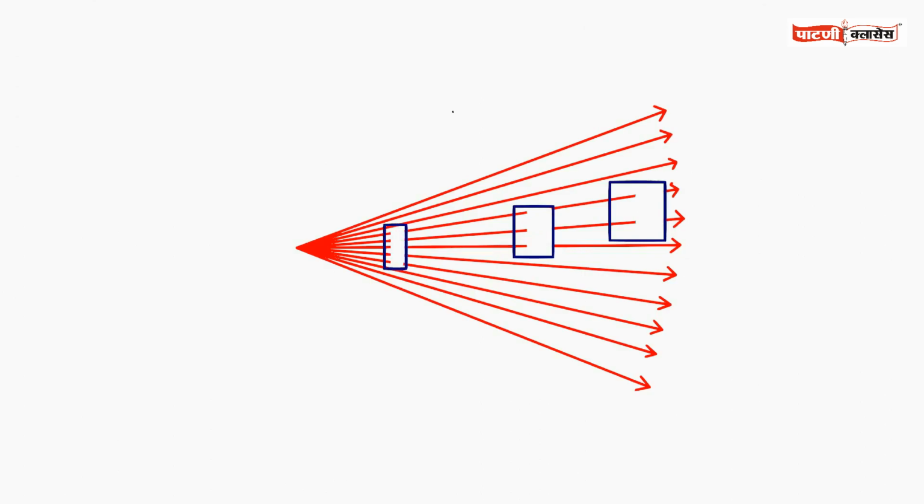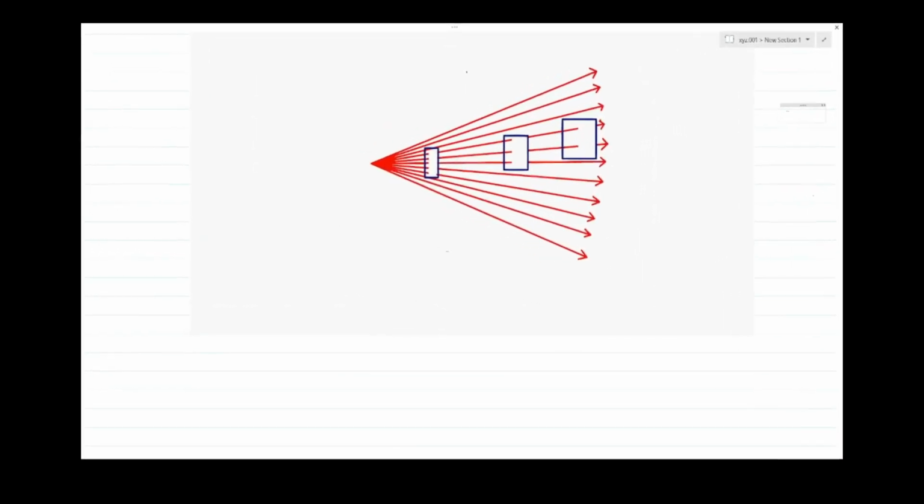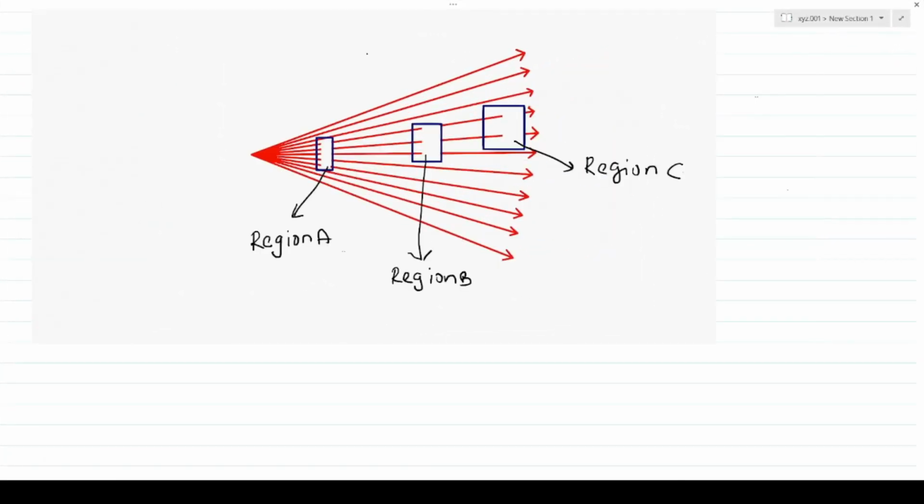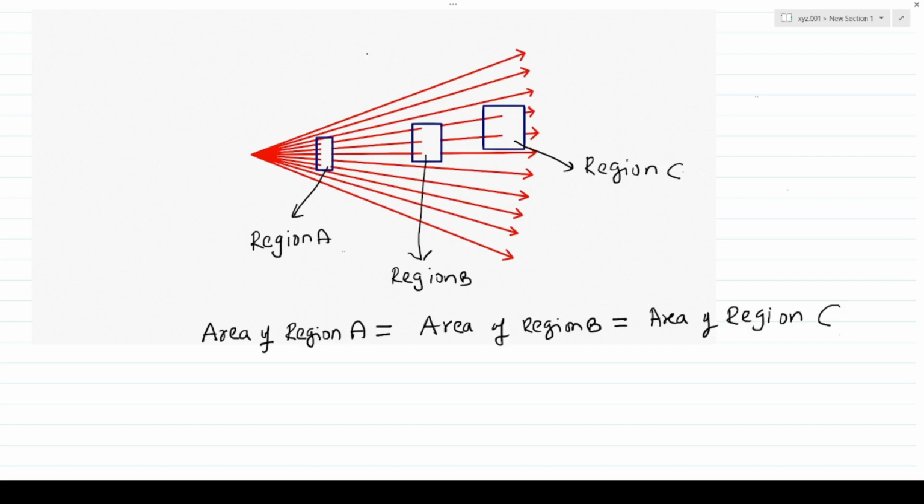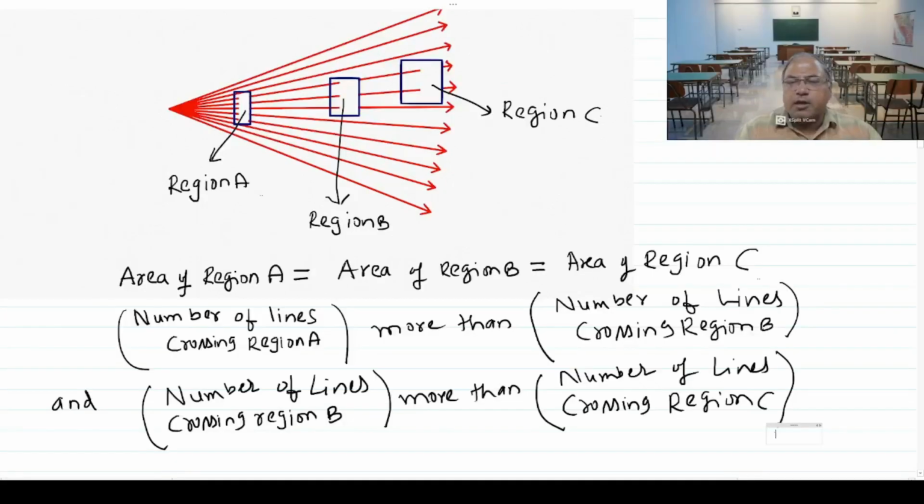Now let us assume the lines of force are passing through three regions: region A, region B and region C. Also assume the area of region A equals the area of region B equals the area of region C. Here we observe that the number of lines crossing region A is more than the number crossing region B, and the number of lines of force crossing region C is less compared to region B.